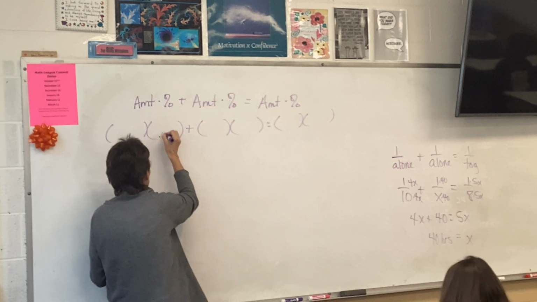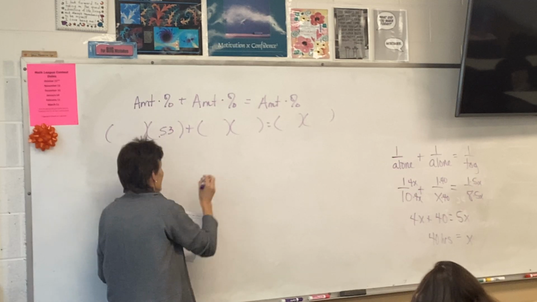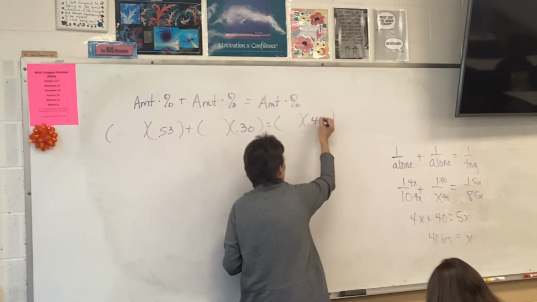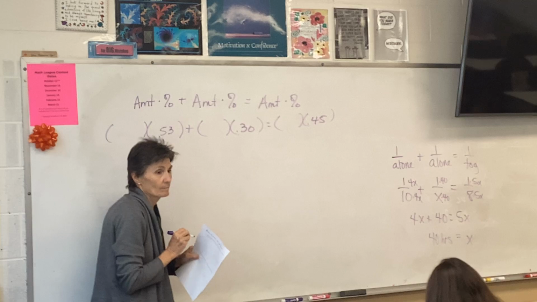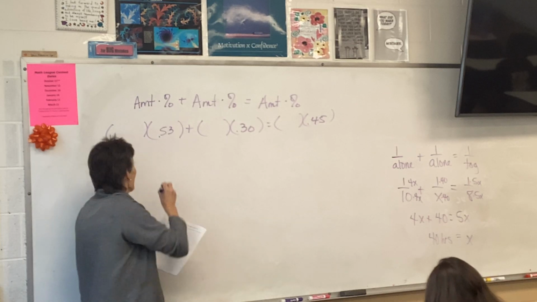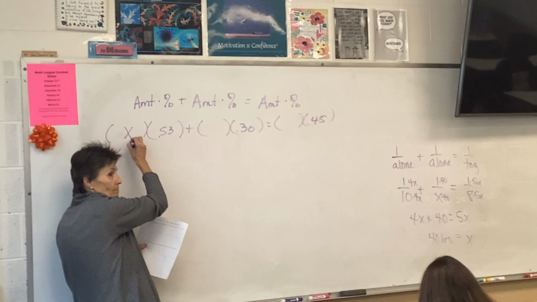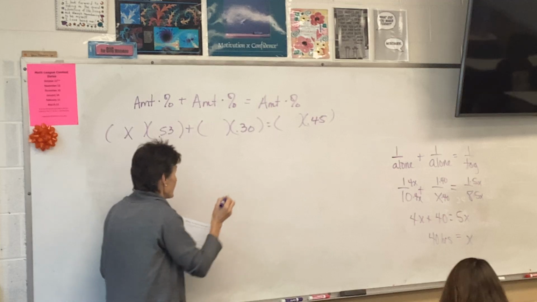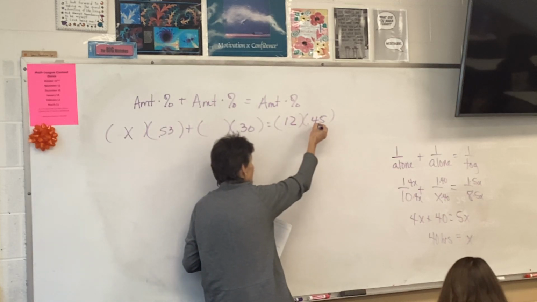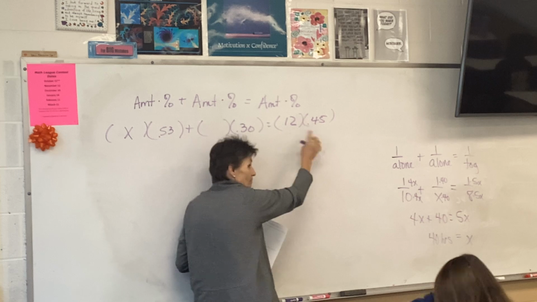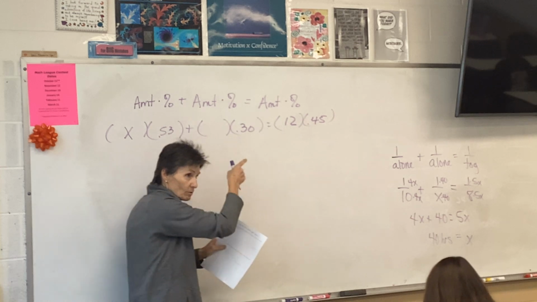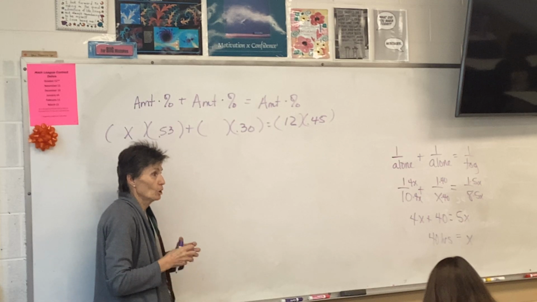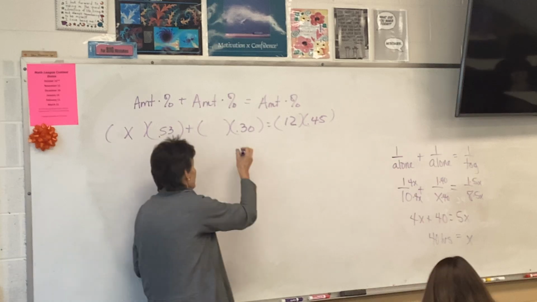So we got 53 and 30 and 45. How much must be mixed with a 30 to get 12 gallons of 45? Right? That 12 goes over there. You're close. 12 minus, yep.